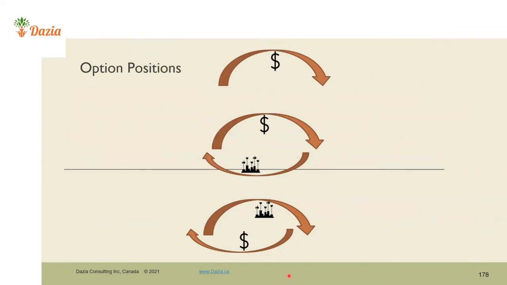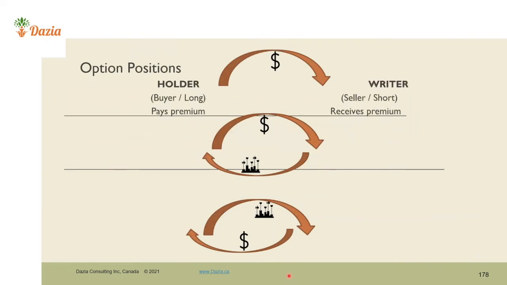Let's take a look at an example of the options. So there is a holder and there's a writer. The holder will pay the writer some premium, or the holder will give some money to the writer, and now they have an agreement. So they both are in a contract, and the contract could be a call option. The holder has the right to, or option to, buy at a fixed price.